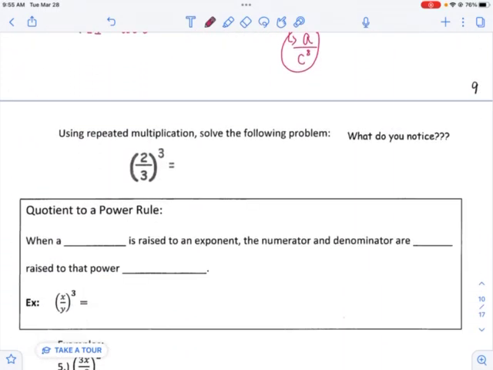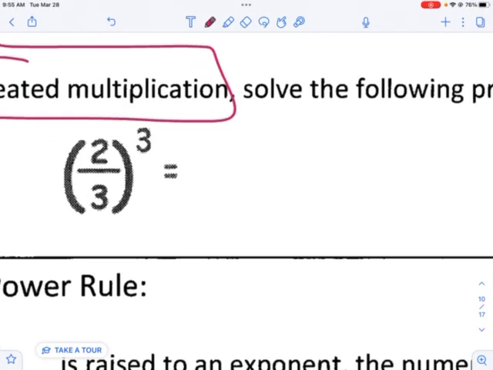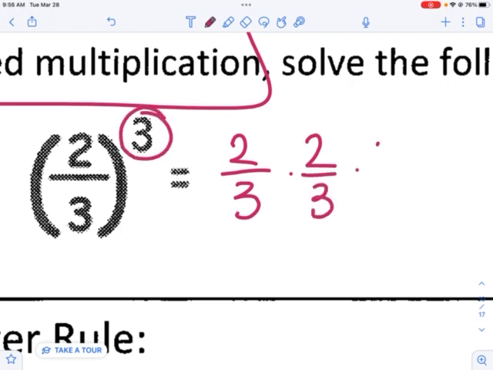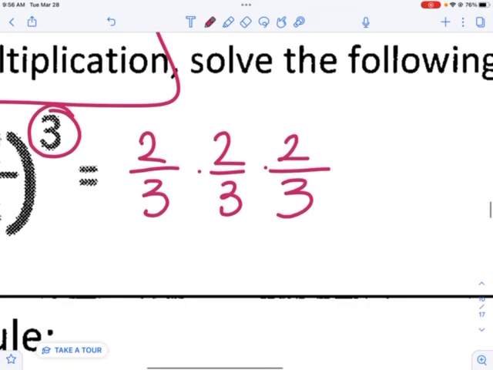And let's talk about quotient to a power rule. So let's look here. Let's use repeated multiplication, solve the following problem. First off, I am going to write 2/3 3 times, because that's what this exponent tells me to do. And if I were to look here and use exponents, what would my numerator be?